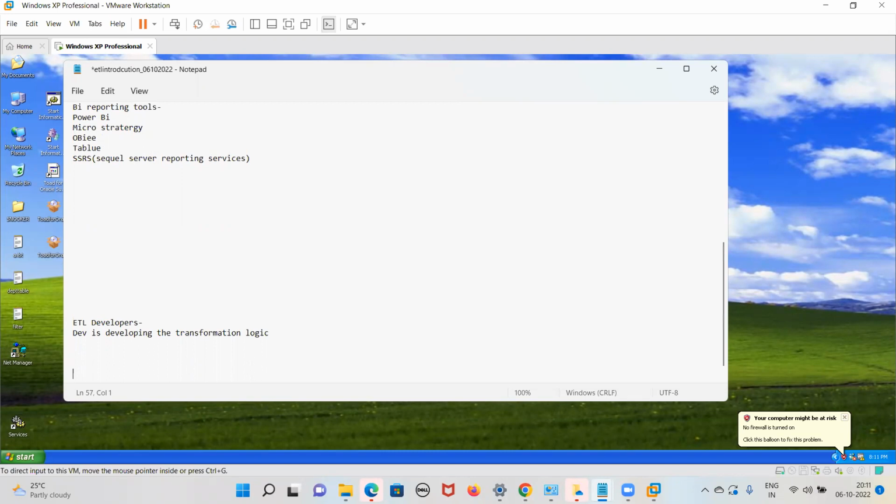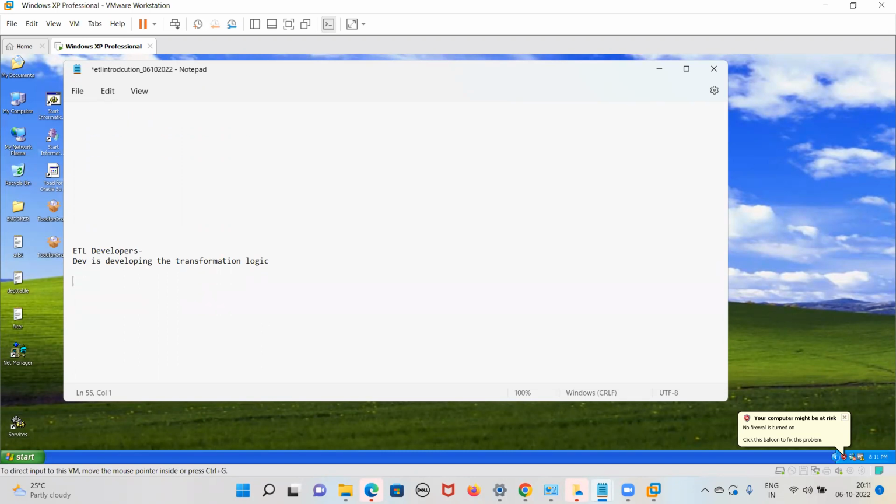These logics are given clearly in the transformation logic in the BRD, that is the business requirement document. There is something called as technical specification documents.